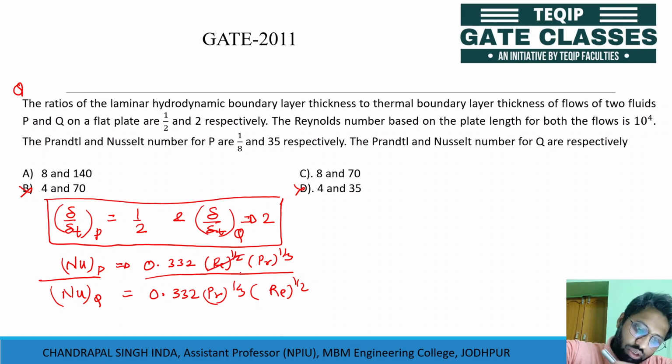Here the Reynolds number is equal, so we can cancel it out, and this constant value is also cancelled out.